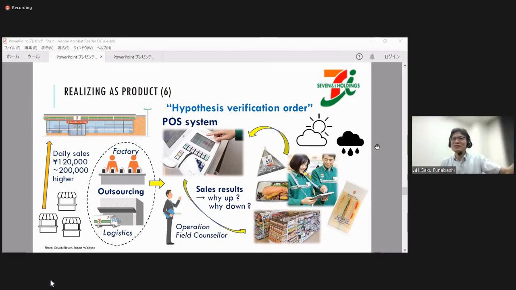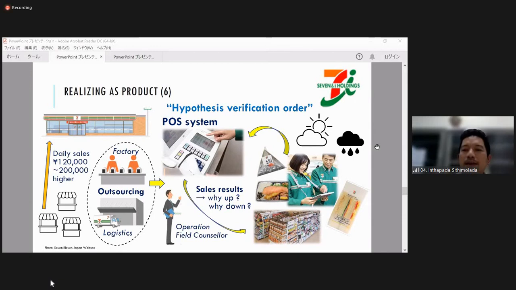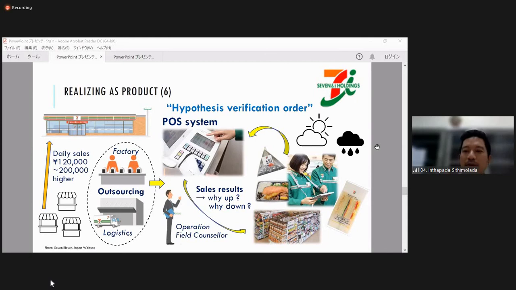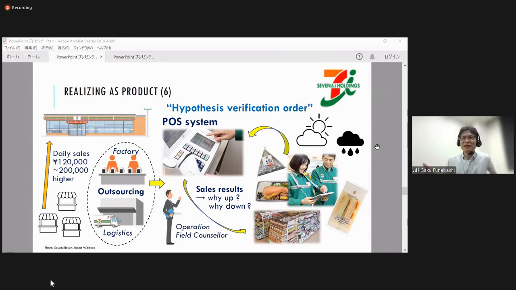Now US 7-Eleven is under a Japanese company. Oh, okay. And in another country, for example Thailand, 7-Eleven Thailand has to get the franchise from Japan. 7-Eleven in Thailand originally became the franchisee of the Japanese 7-Eleven.